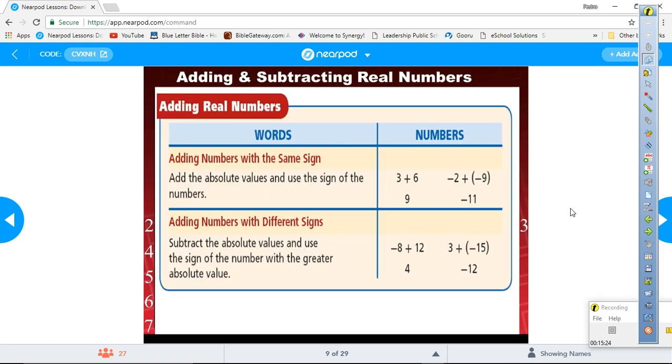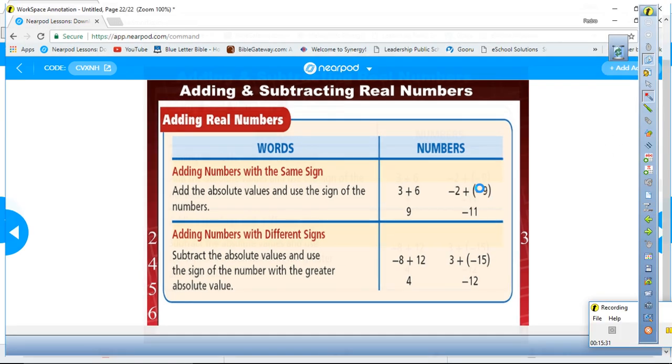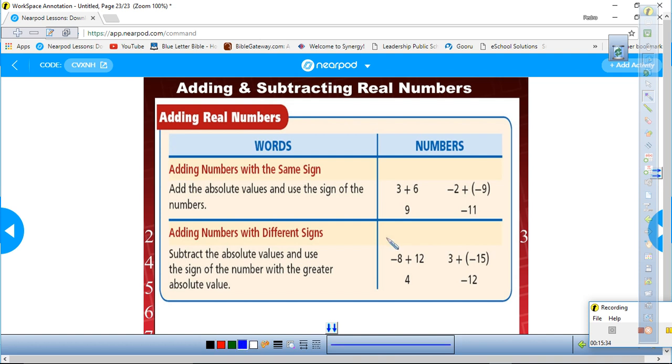Let's see if you remember. Here it goes. It's on your screen. The absolute value rule works as follows. Take the absolute value of both numbers. So absolute value of 3 is 3, absolute value of 6 is 6. If they're the same sign, you add these two and you keep the sign of both numbers. So 6 plus 3 is 9. They're both positive, and that's why we get 9.